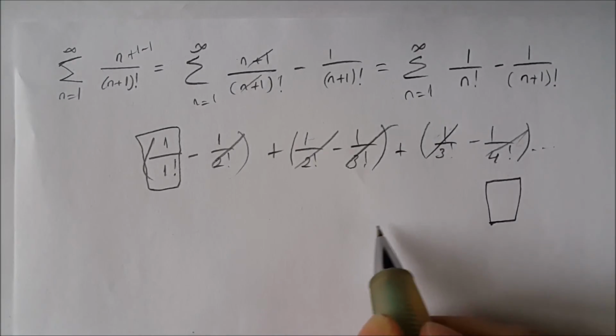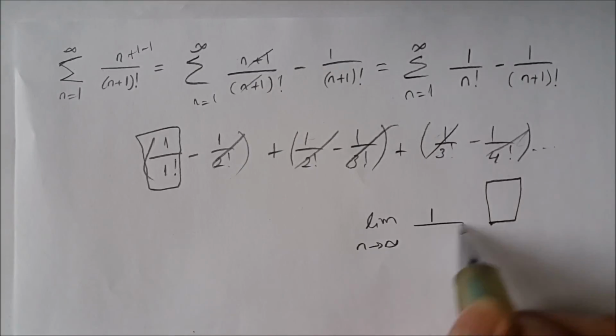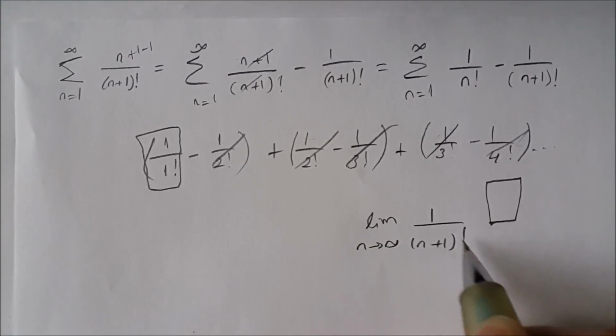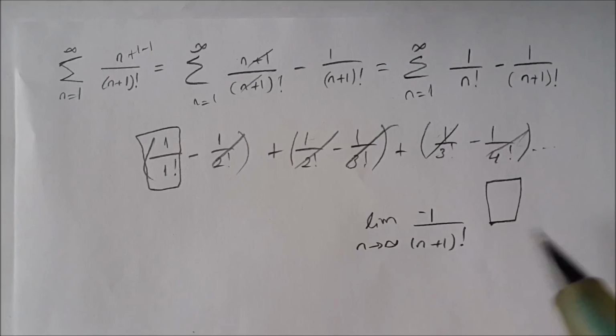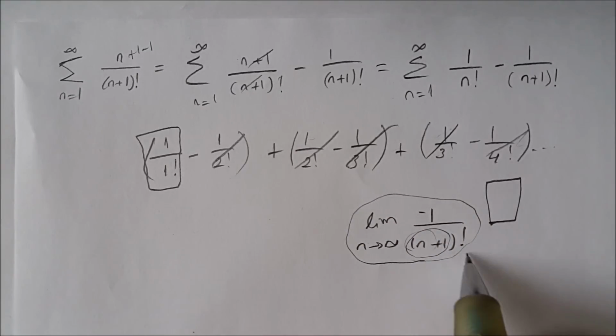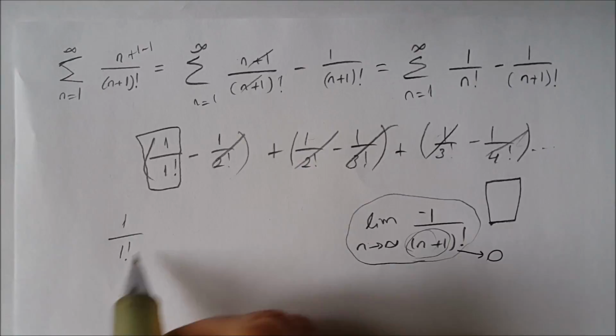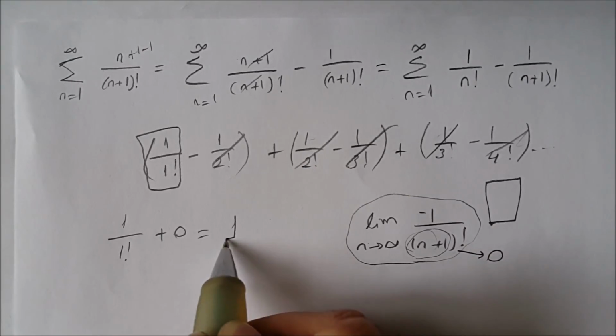Our last term is, as n approaches infinity, 1 over (n plus 1) factorial. Since n is approaching infinity, this whole expression approaches 0. So then we have 1 over 1 factorial plus 0, which is equal to 1.